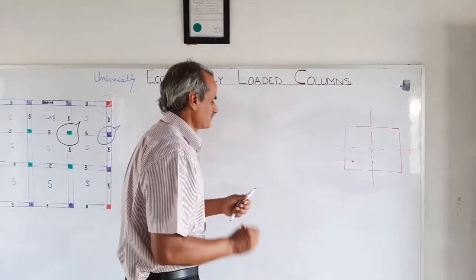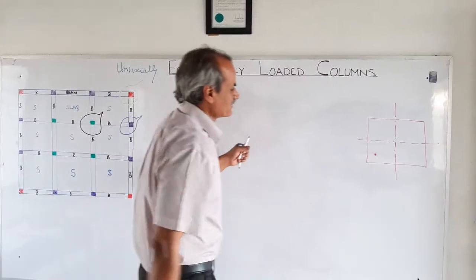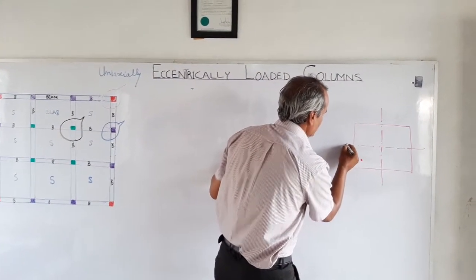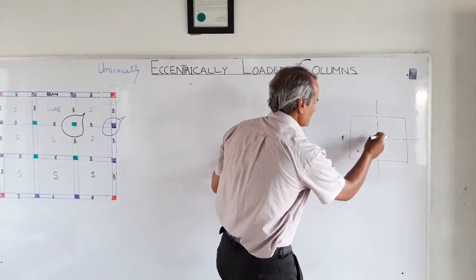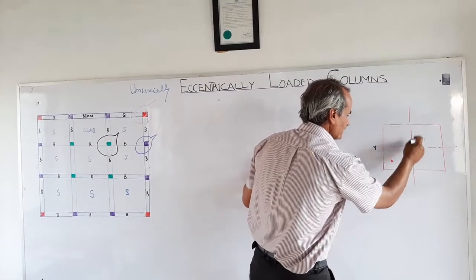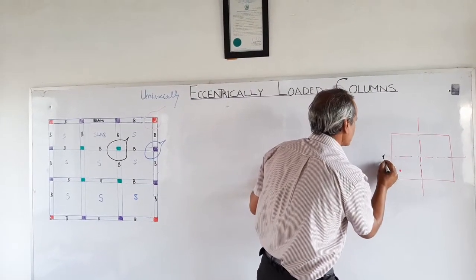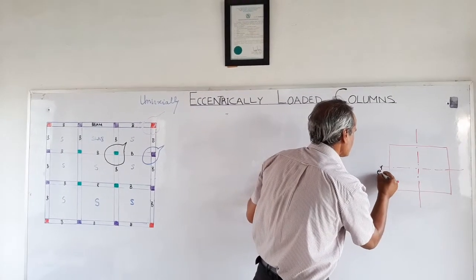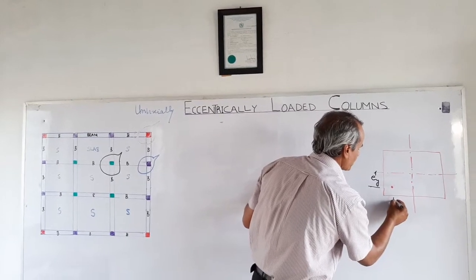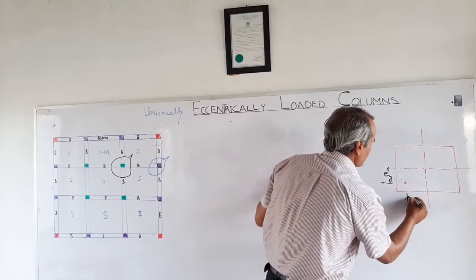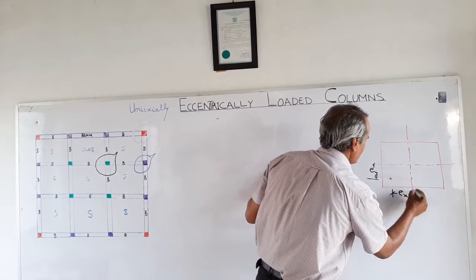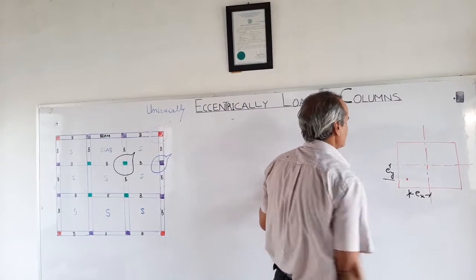So in this case you would see that the eccentricity of the load is about both the axes. It has an eccentricity over here which is along the y-axis but away from the x-axis, that is Ey over here, and it has also an eccentricity along the x-axis over here and away from the y-axis.